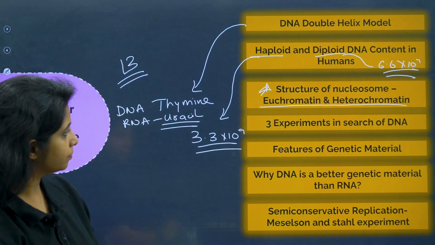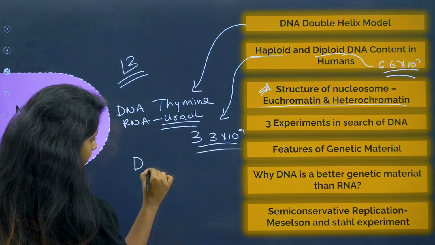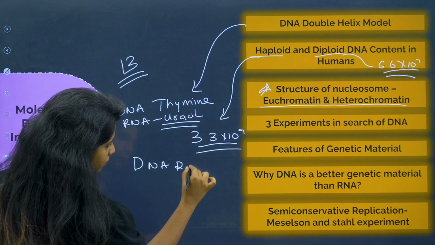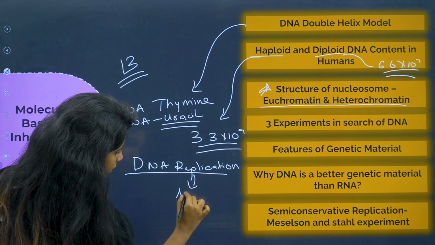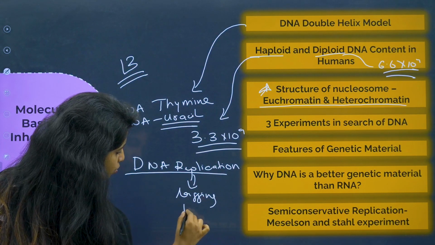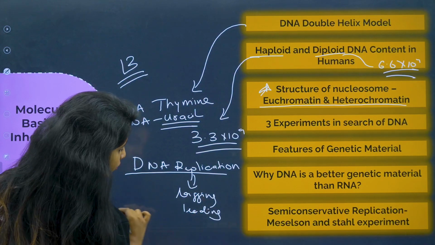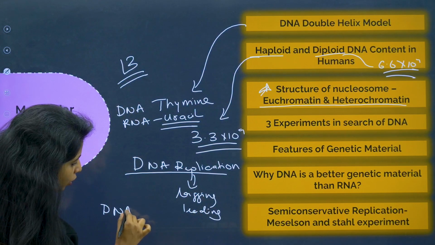Apart from it, DNA replication. Which one is the lagging strand? Which one is the leading strand? In which direction does DNA polymerase move?